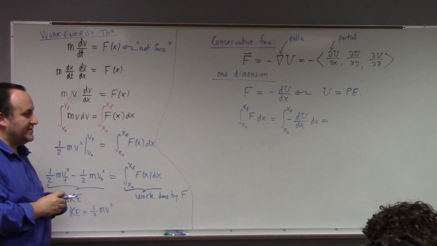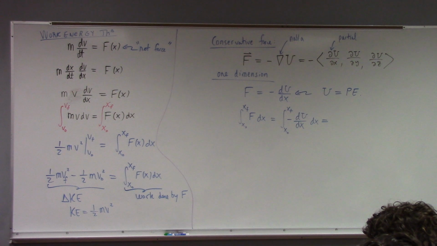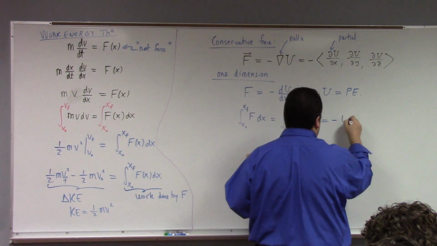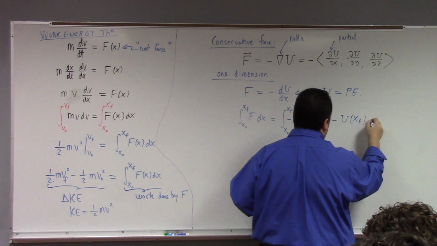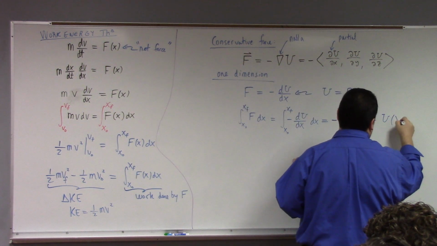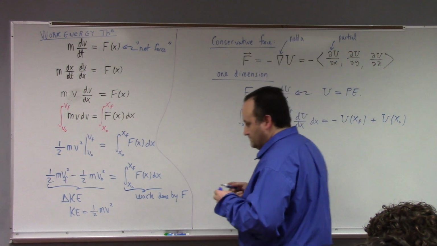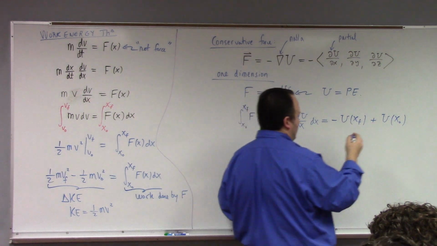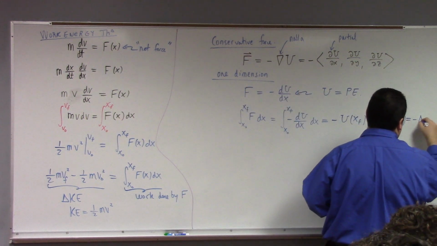We're integrating a rate of change, right? That's an easy integral. What's the antiderivative? Well, it's minus u, right? So we've got minus u of the final position plus u of the initial position. In other words, minus the change in potential energy.